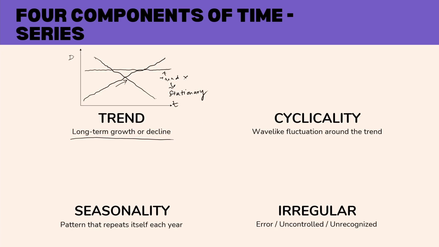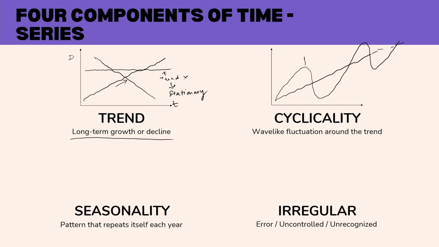Okay, so if you have understood the trend, then let us come to the next component of time series data, which is the cyclicality. For cyclicality, the trend will be there, but the actual data will be sometimes more than the trend, sometimes less than the trend, and so on. This will go on like this.